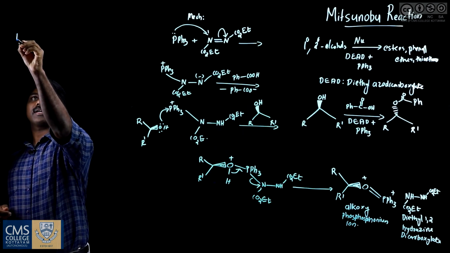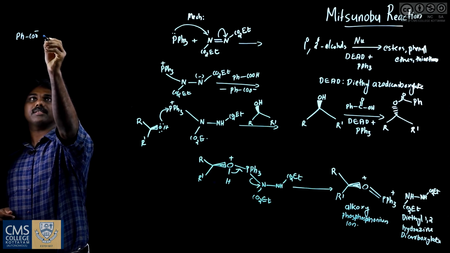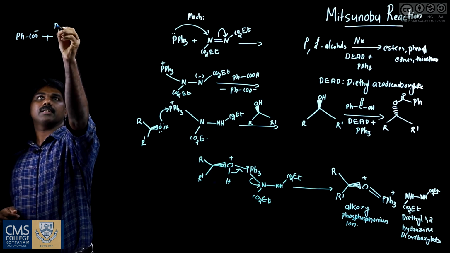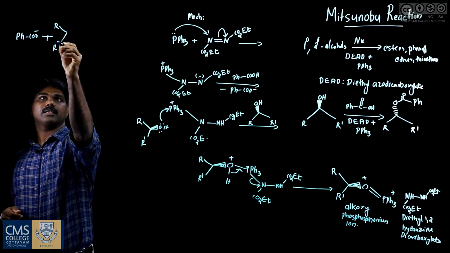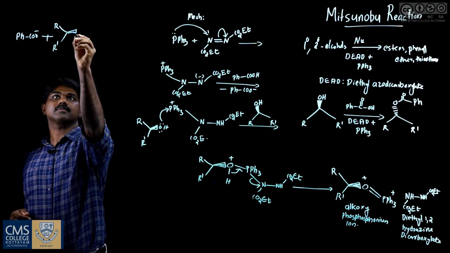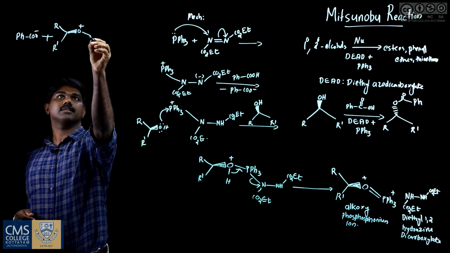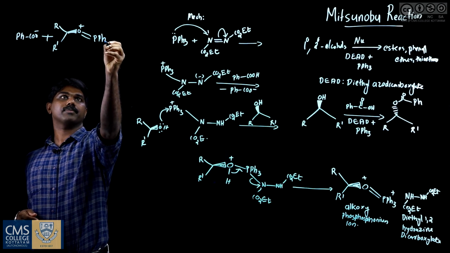So let me write here, PhCOO minus attacks at the alkoxyphosphonium ion, O plus double bond PPh3.